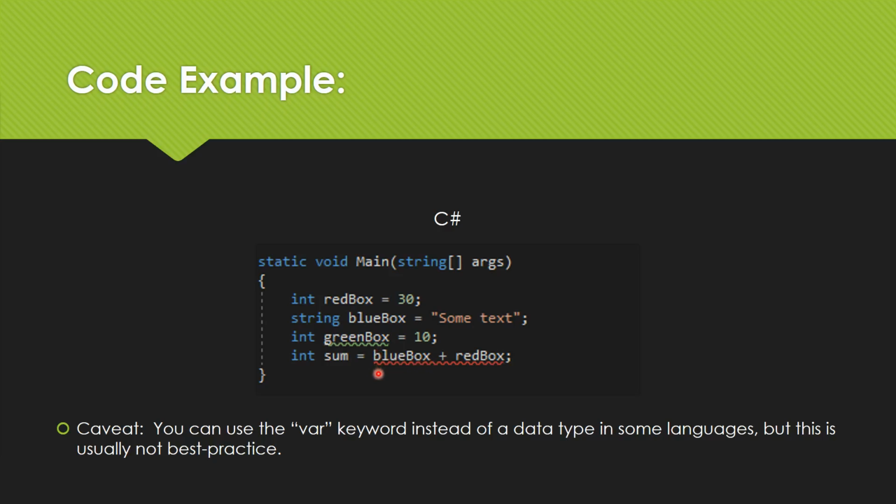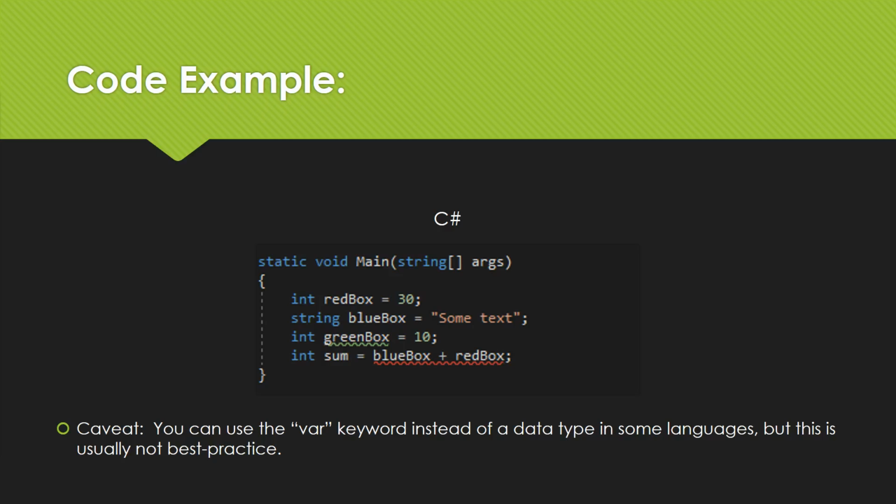Okay. After everything I've said, there is one caveat. At least in C#, and there are a few other languages that support this, you can use the var keyword instead of actually declaring a data type. Usually it's for lazy coding, and there are some exceptions.